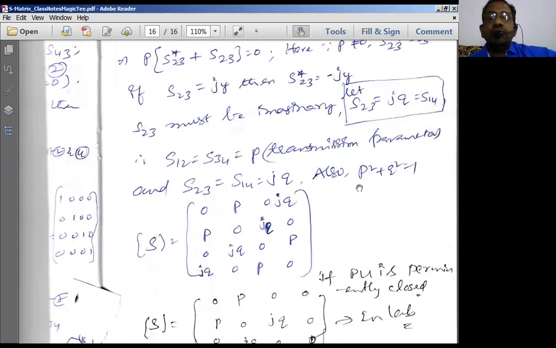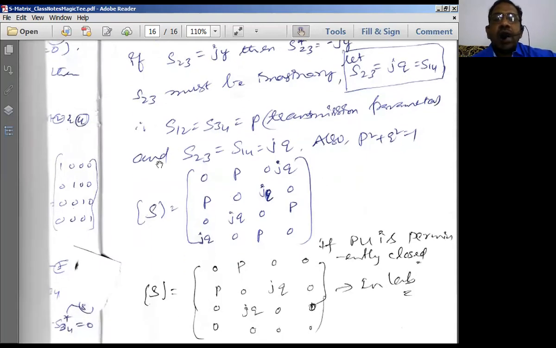So to get the solution of this particular directional coupler, now S23 is equal to S14, I can write as JQ.